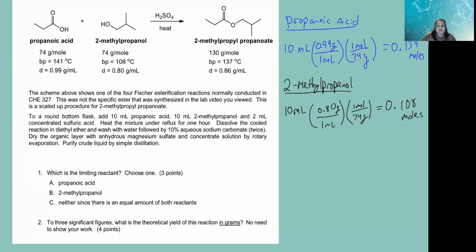The limiting reagent is 2-methylpropanol. That's a big highlighter. So 2-methylpropanol, that's my limiting reagent because it has the lowest amount of moles, okay? Now they want the theoretical yield for this reaction.